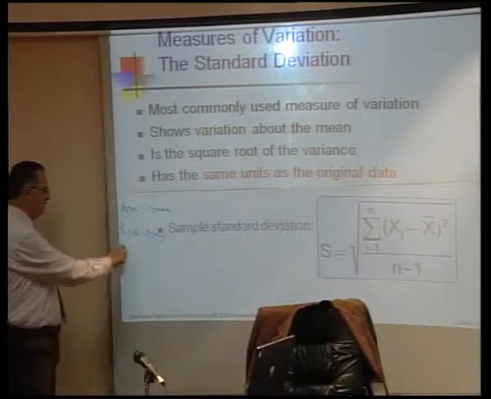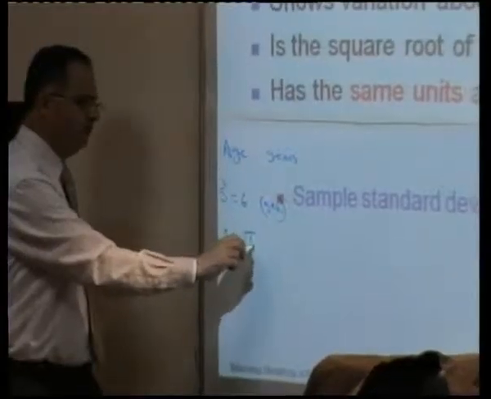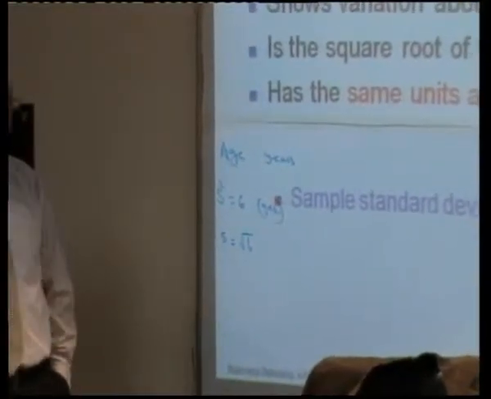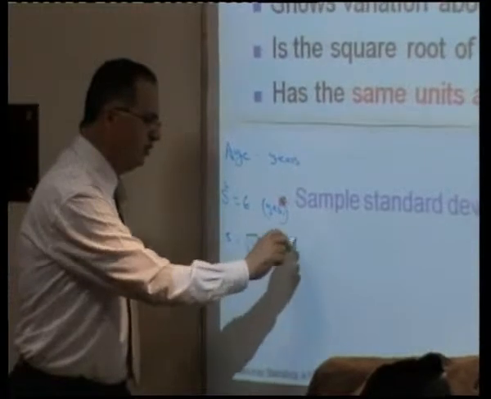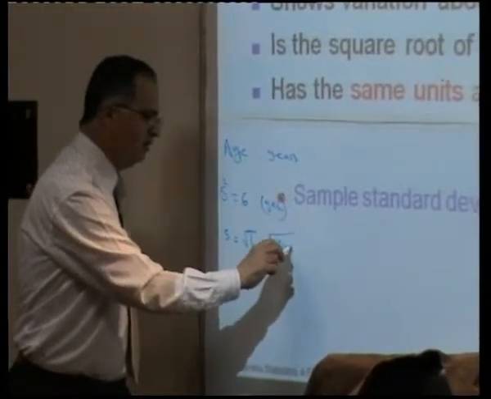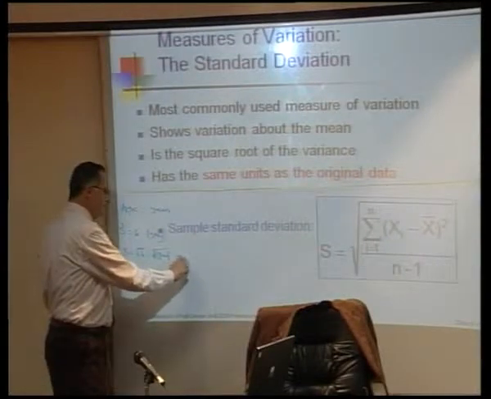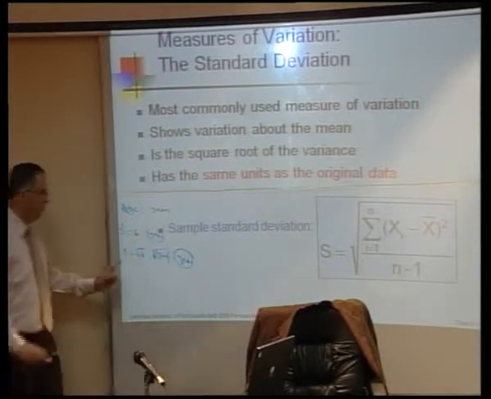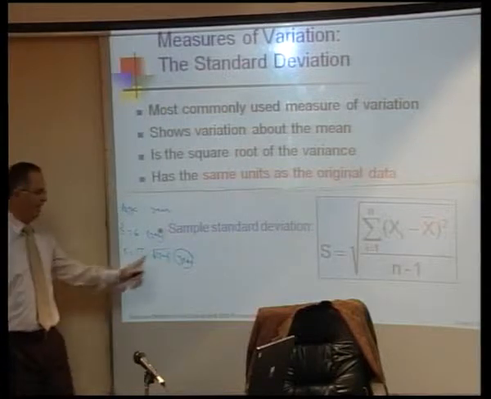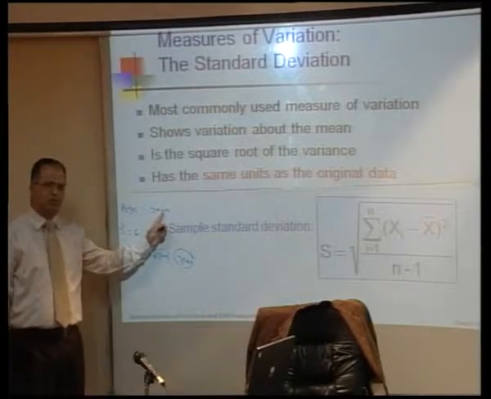But if we take the square root of 6, you also have to take the square root of this unit, I mean the square root of year square, that will give year. So here the standard deviation has the same unit as the original unit.